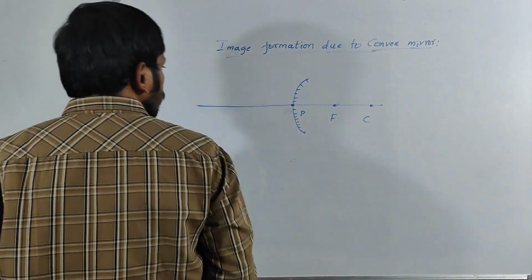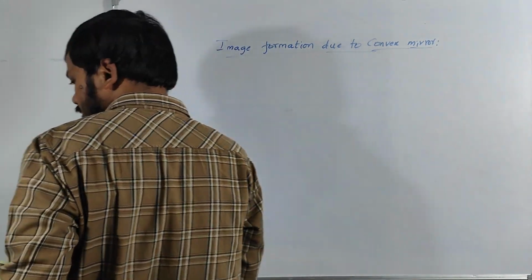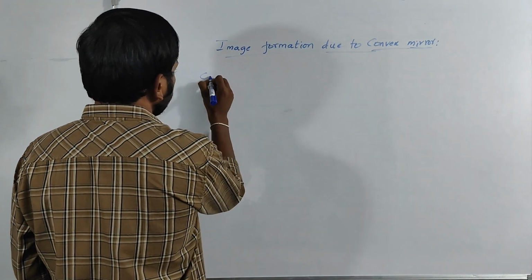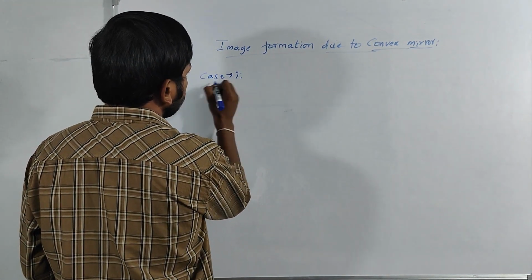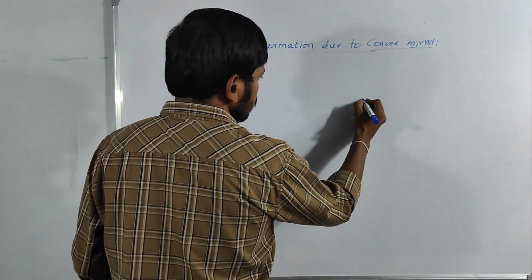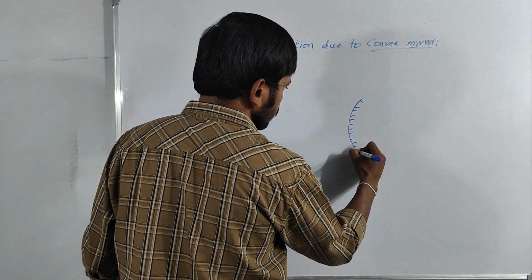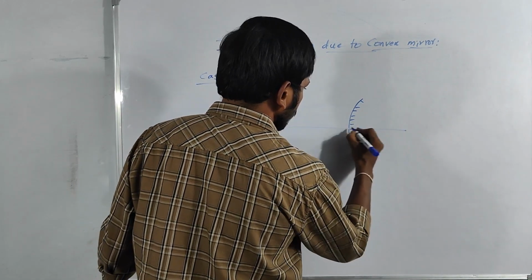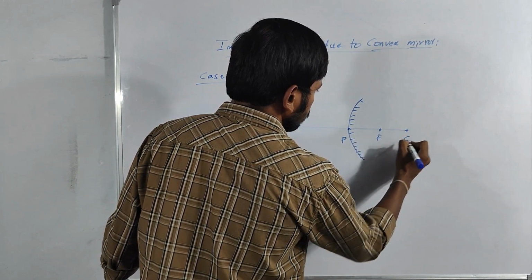So now let us see the first case. Case 1, when the object is at infinity. Let us consider this convex mirror: pole, focus, center of curvature.